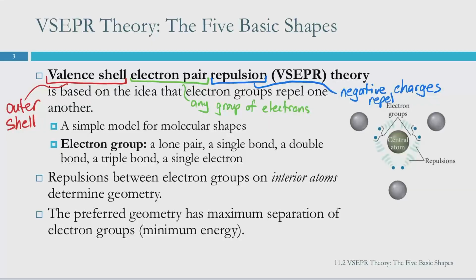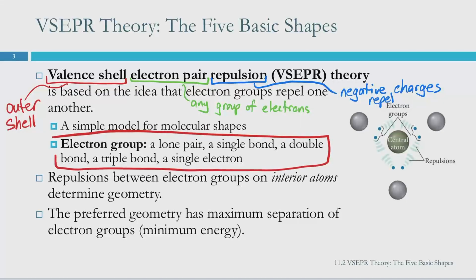So valence shell electron pair repulsion theory, VSEPR theory, what does that do for us? What does that tell us about the shape of our molecules and all that sort of good stuff? An electron group is any group of any size of electrons. It can be a lone pair, 2 electrons that are localized in an atom.